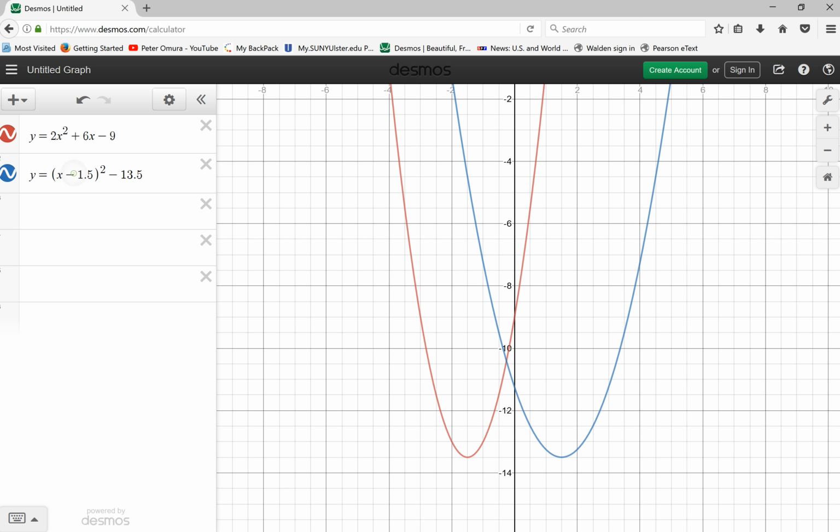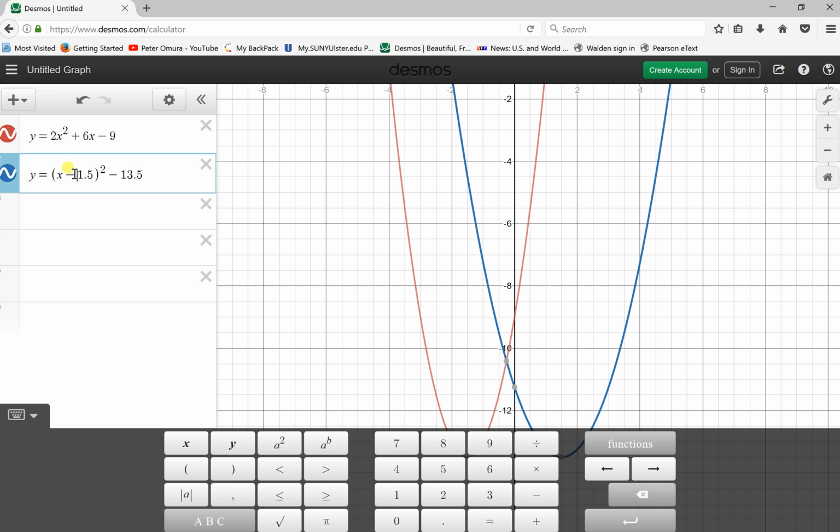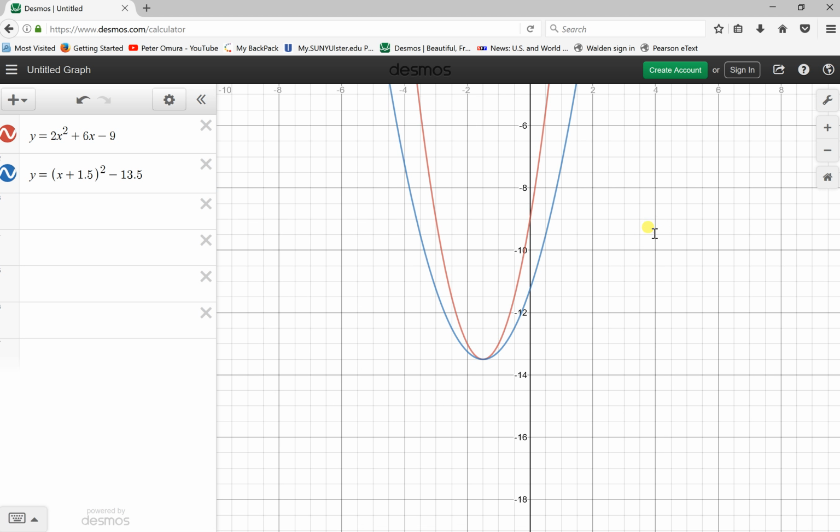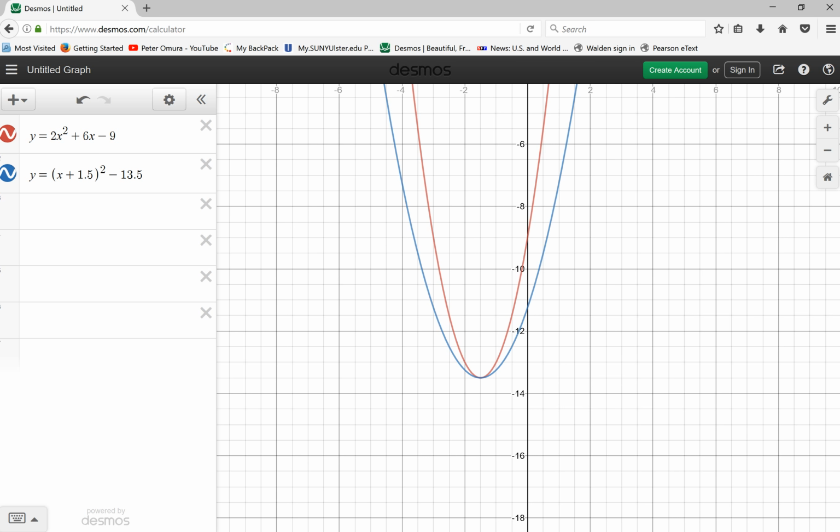Oops, that's my error. I think my real error was trying to do this with children on top of me. This is what the x squared function would look like, not compressed.